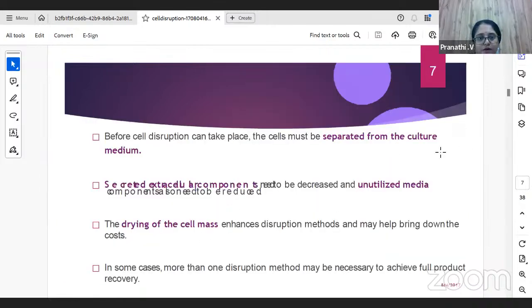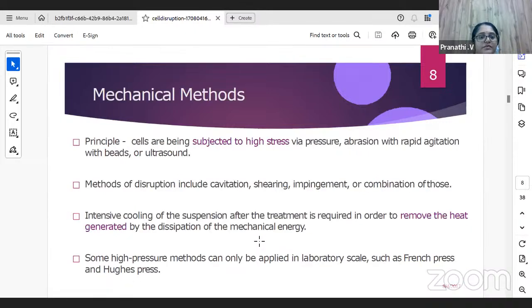So what you have to do is cells should be separated from the culture medium. Once this is done, the extracted components have to be separated, and all the unutilized media has to be reduced. Then the cell mass should be dried so that it is cost effective as such.